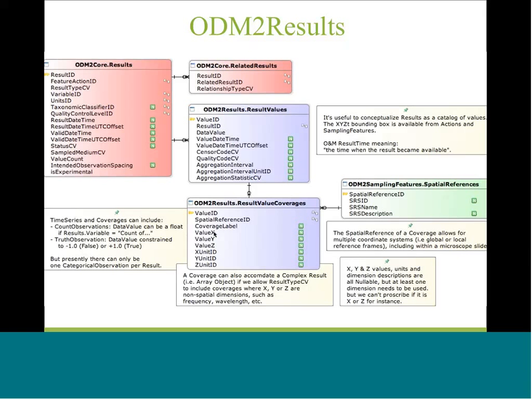We want to be able to support that. OGC's O&M supports that, but they support it in a very complicated way. So we're trying to follow that balance between not being overly complicated but being relatively flexible and general enough to support lots of use cases.